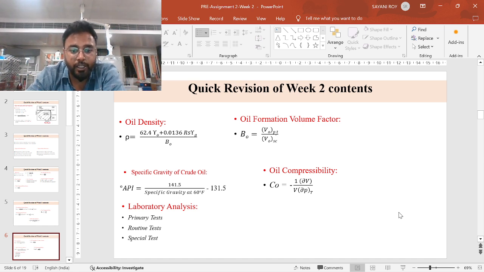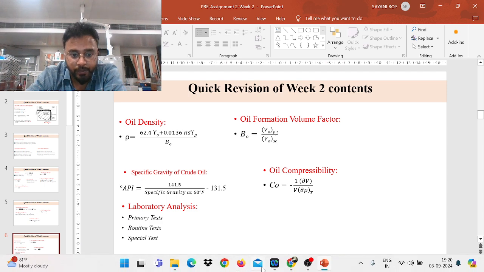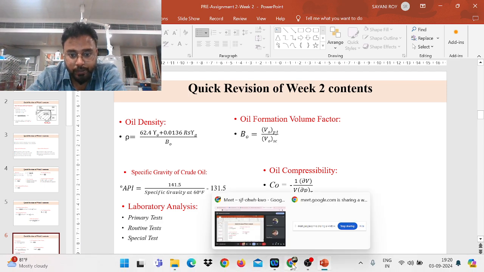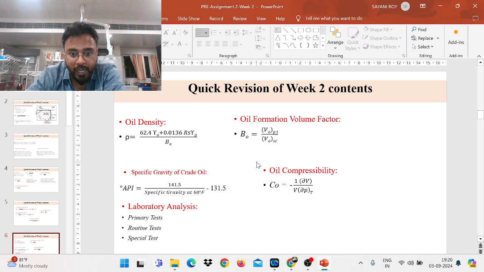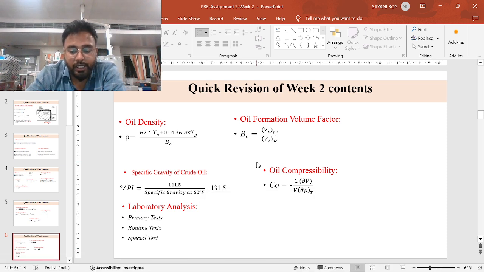Next is specific gravity of oil. This can be found from the API gravity. Degree API equals 141.5 divided by specific gravity minus 131.5. For oil compressibility, the formula is Co equal to minus 1 by V del V by del P at isothermal condition.